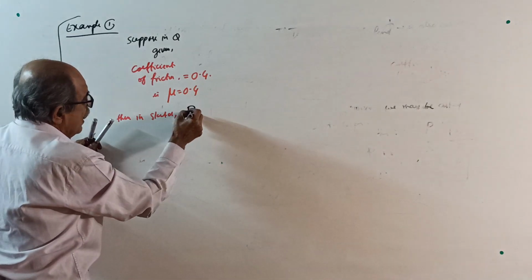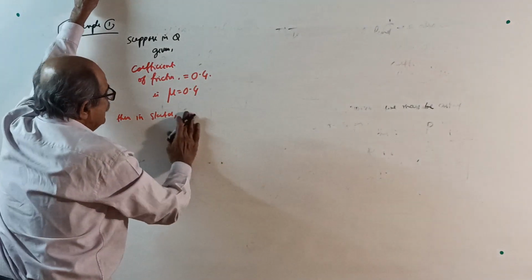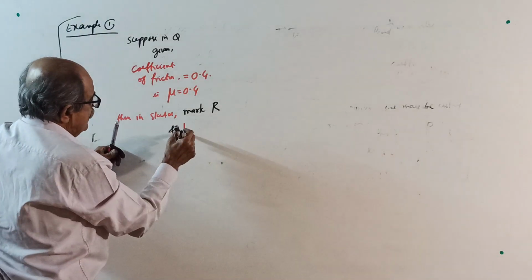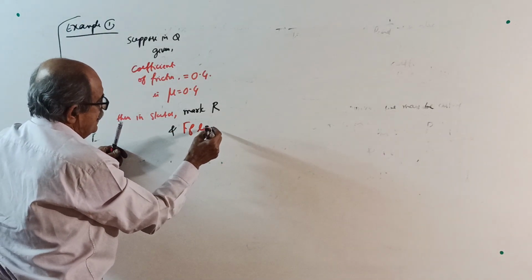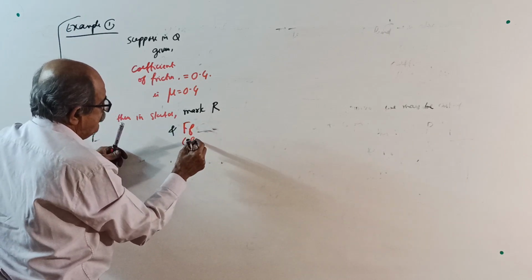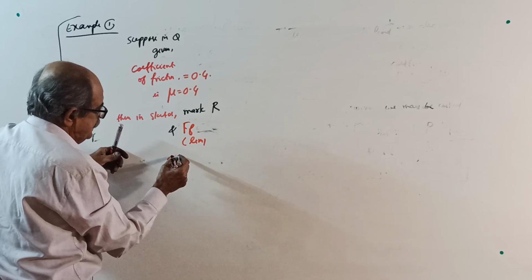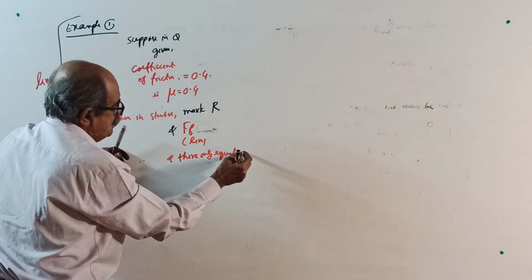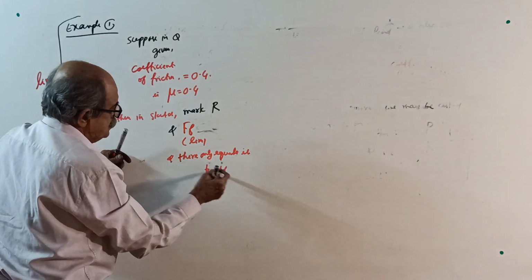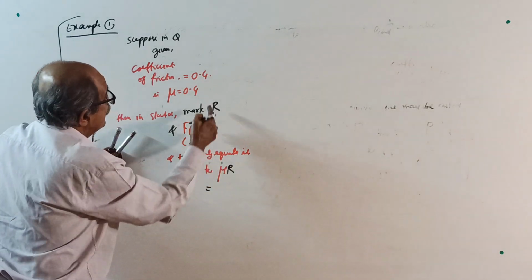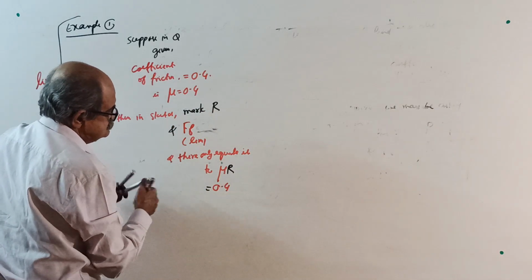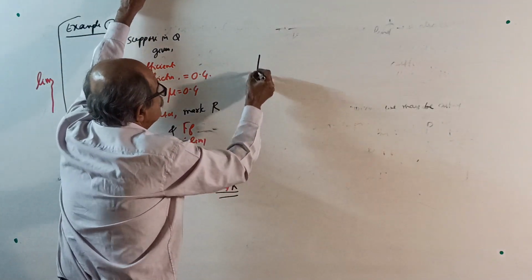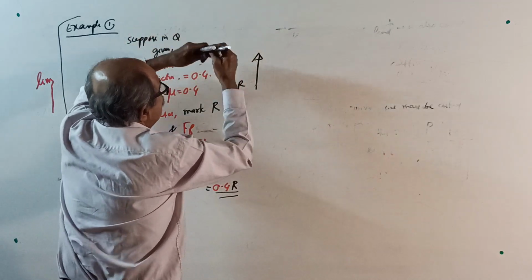Then, in the sketch, we will mark R, and F limit, and there only equate it to mu into R, that is here 0.4 into R. So in the sketch we will mark R this way, and suppose F limit comes this way.